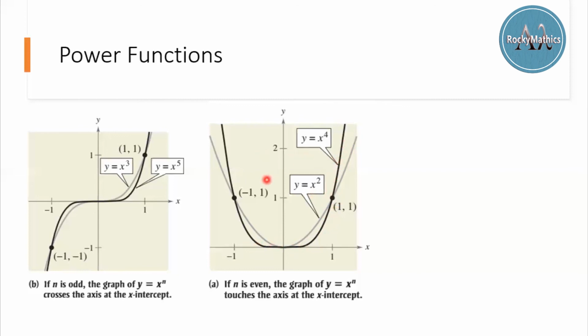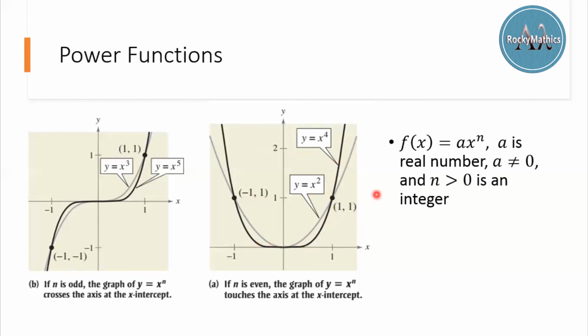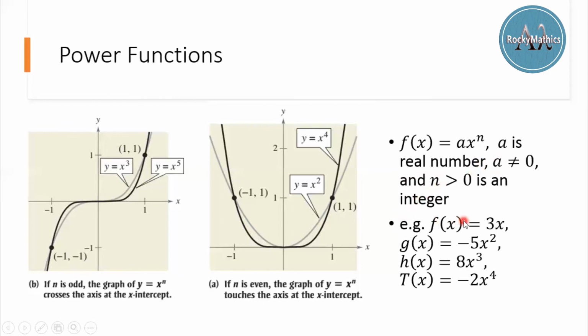Okay, so we have f of x equals a times x raised to n, where a is any real number, as long as a is not equal to 0 and n is a non-negative integer. So for example, these are power functions here. f of x equals 3x, the exponent is 1, and this is a linear function.